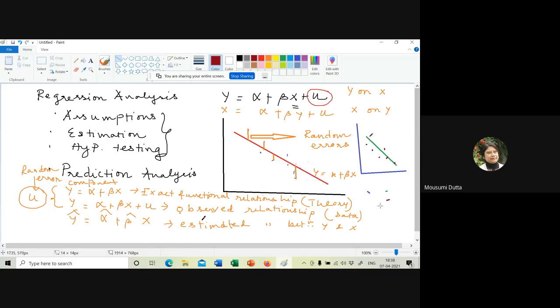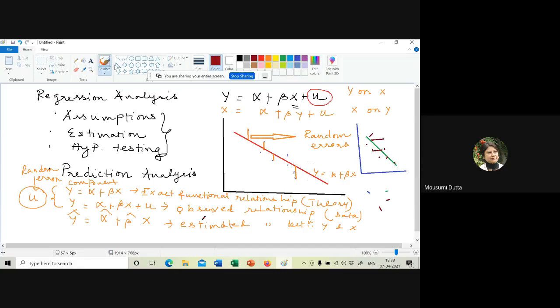So suppose these are the observations or scatters. So we have to consider these distances. So if I consider the reverse regression, we have to consider these as the random errors.